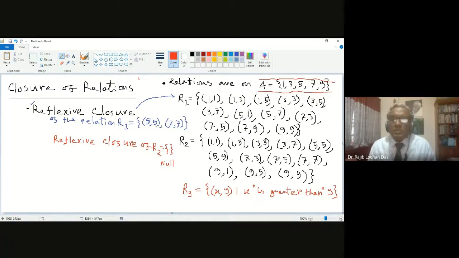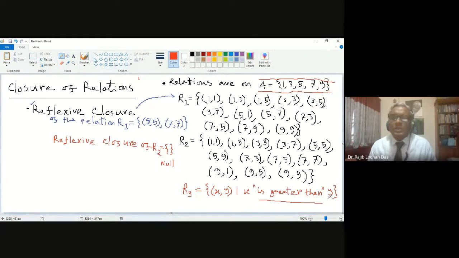In that case, you will consider only the criteria in logical form. If you see this, then it is not reflexive, because x is greater than x.